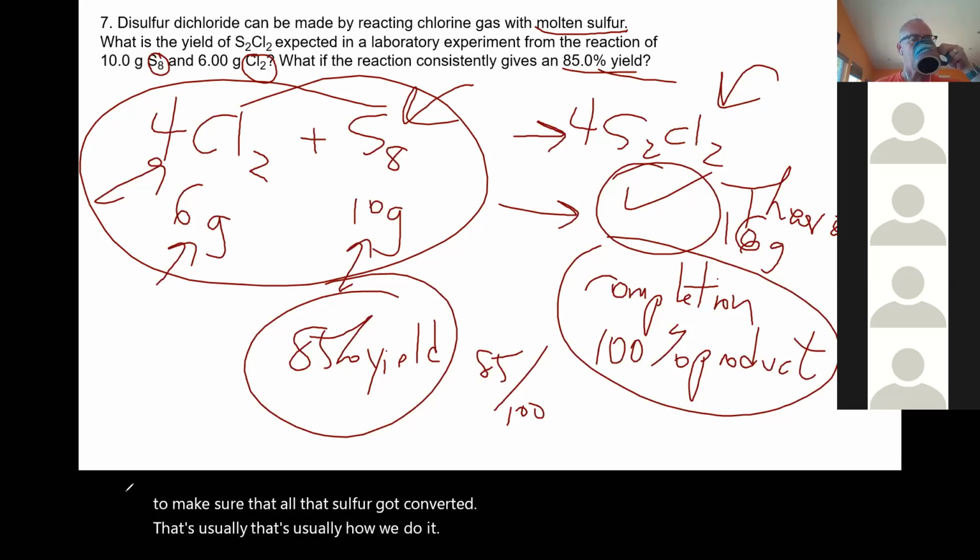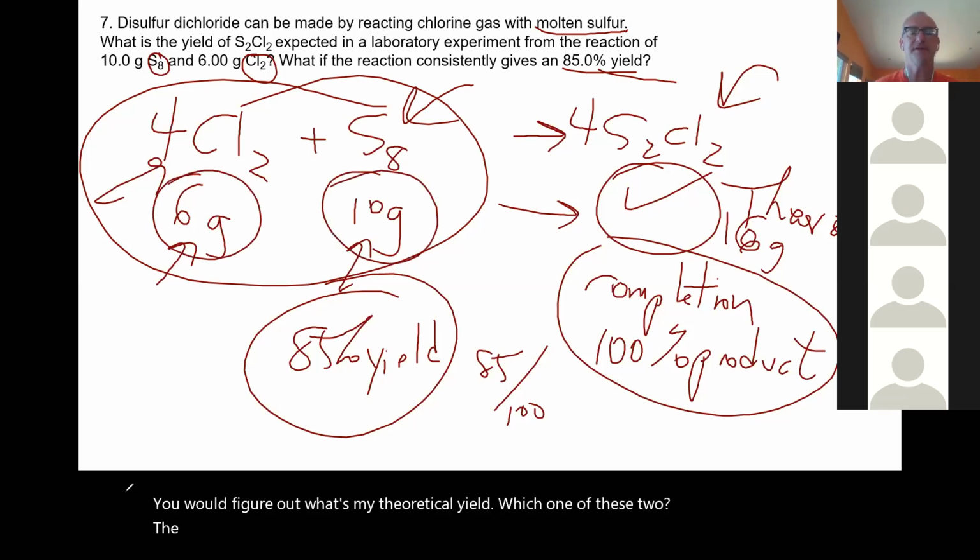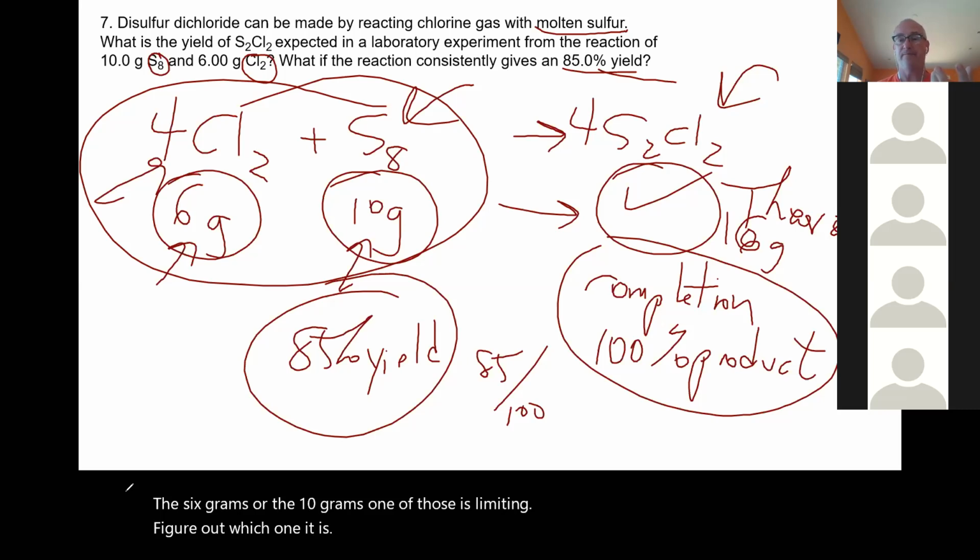What would you multiply the 80% yield to? You would figure out what's my theoretical yield. Which one of these two, the 6 grams or the 10 grams, one of those is limiting. Figure out which one it is. And then based on that, convert all of that limiting reactant to product.